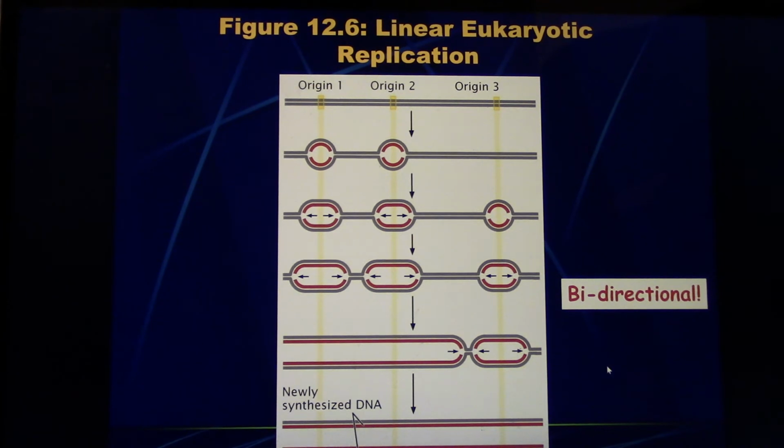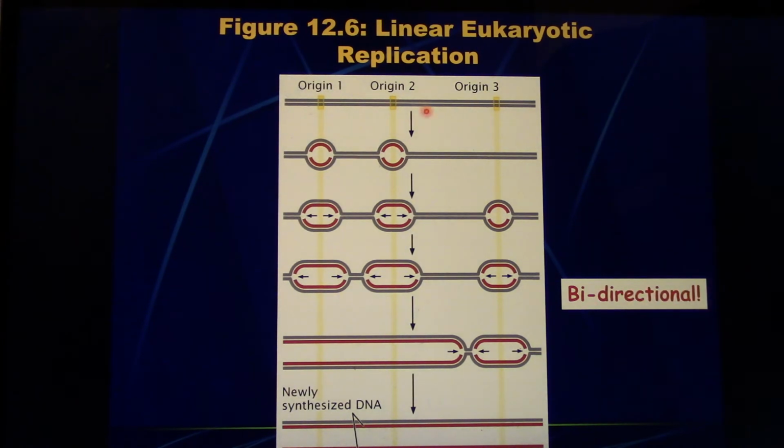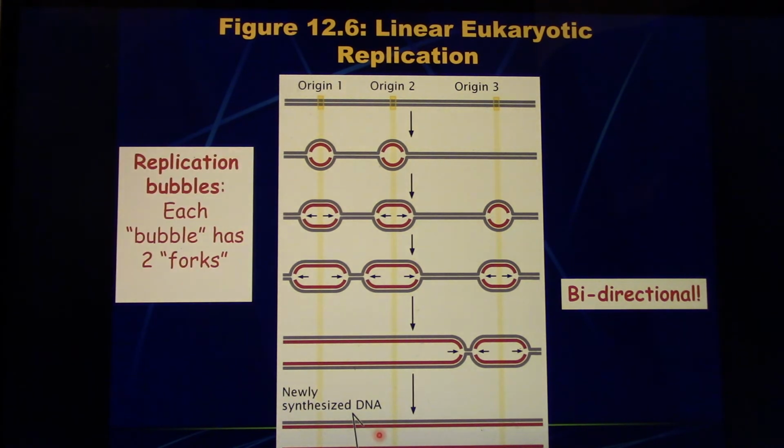The last mode of replication is linear eukaryotic replication. And it's shown here. It has multiple origins of replication, unlike the other two modes, which only have one origin of replication. And DNA replication goes in both directions, therefore it's bidirectional. And these replication bubbles just keep getting bigger and bigger until they run into the other replication bubbles, and you have complete DNA synthesis.